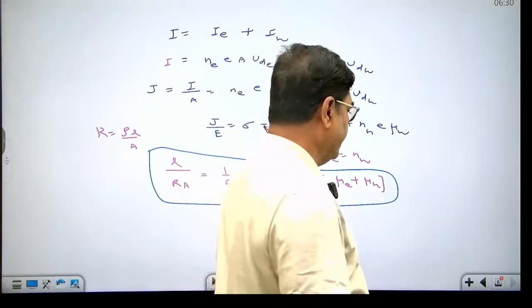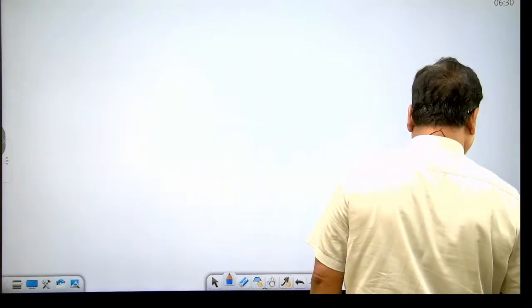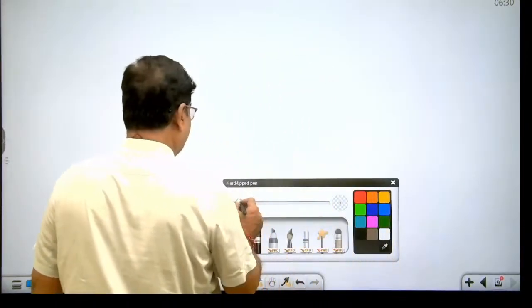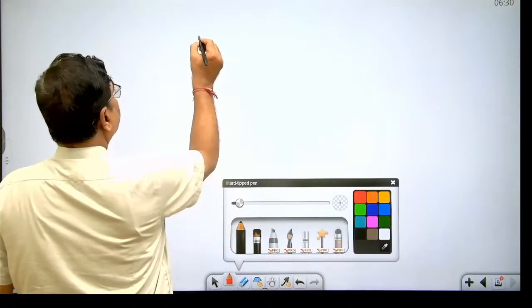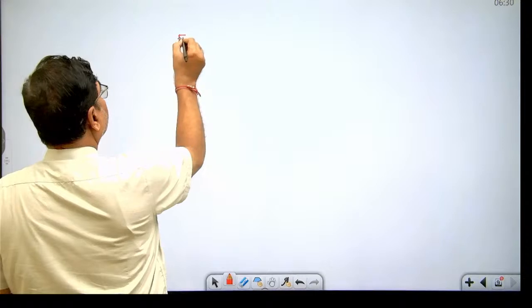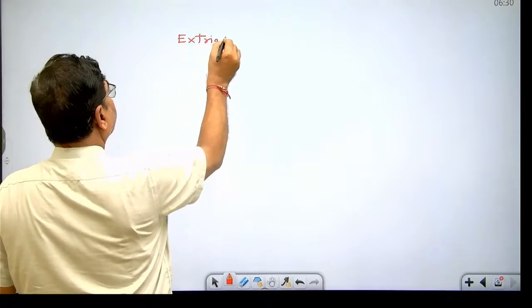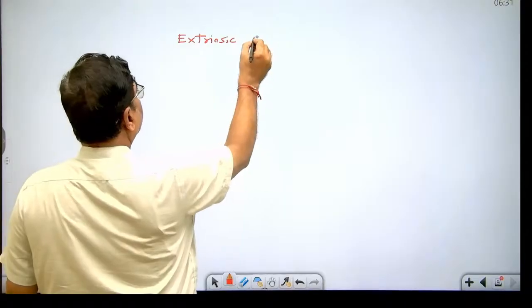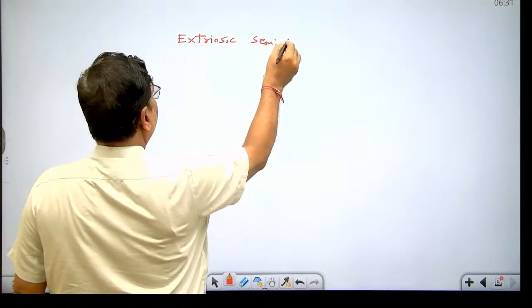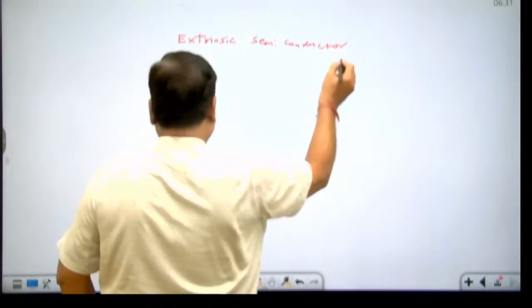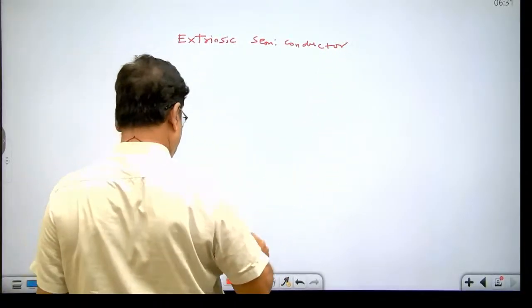So let's see the characteristics and formation of N-type and P-type semiconductor crystal. That is extrinsic semiconductor.